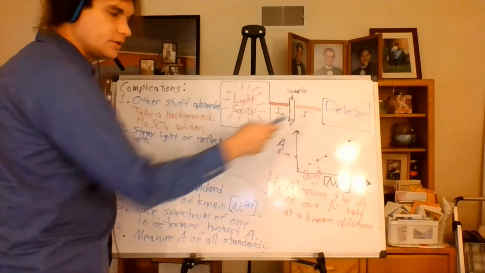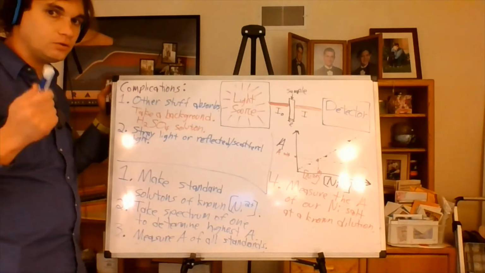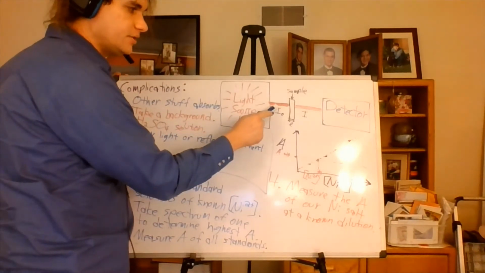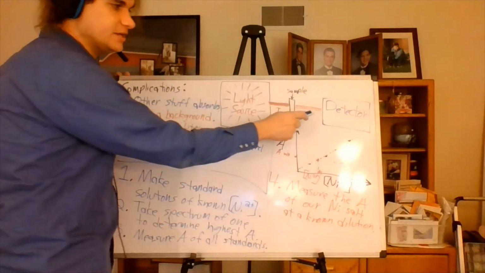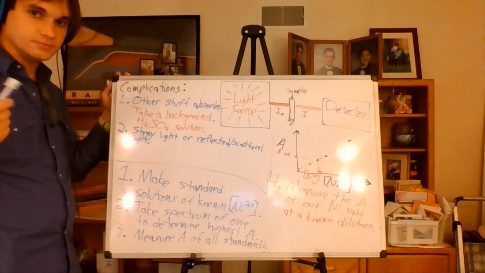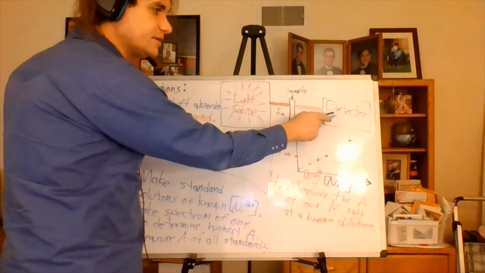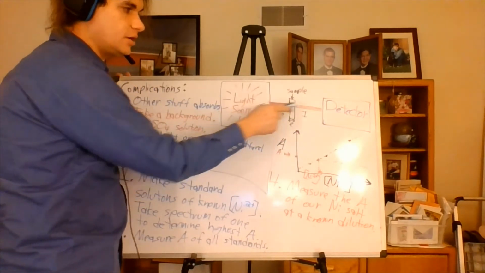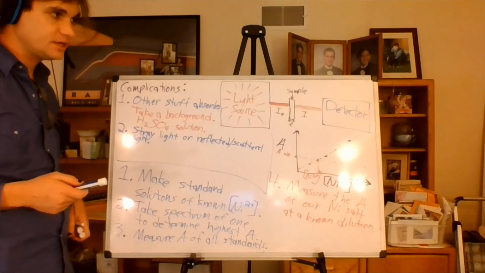The detector, so this whole experiment assumes that the only difference between the intensity of light going into the sample and the intensity of light coming out of the sample is the light that's absorbed. It also assumes that all of the light hitting the detector is light that has gone through the sample. This is not necessarily always the case.